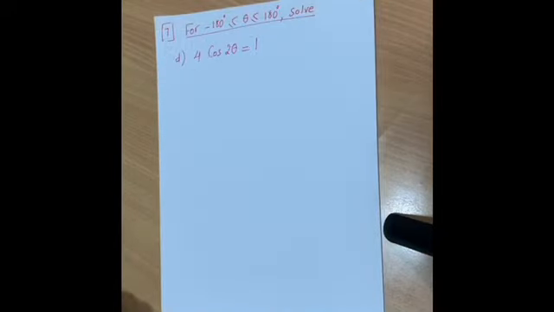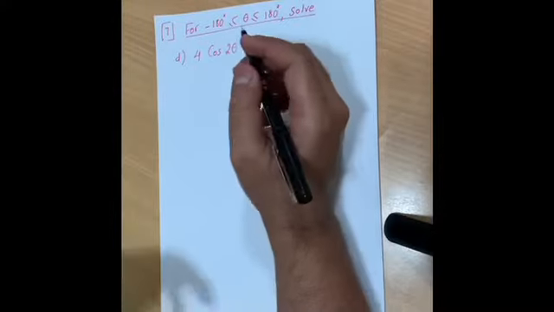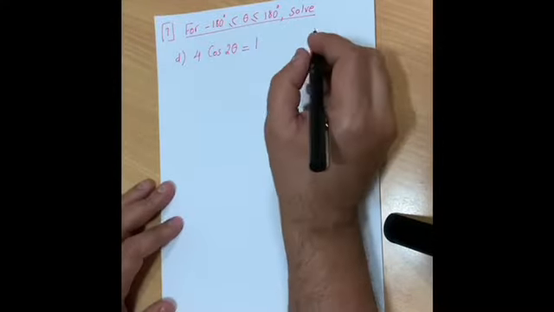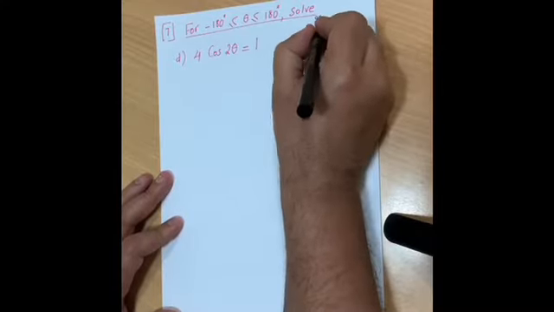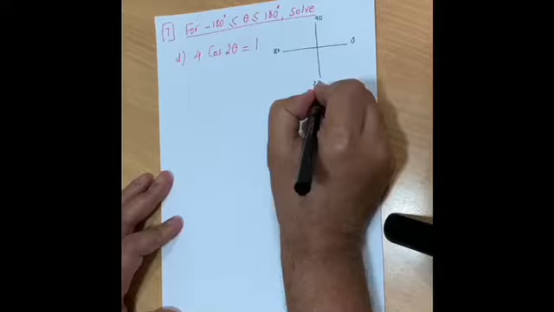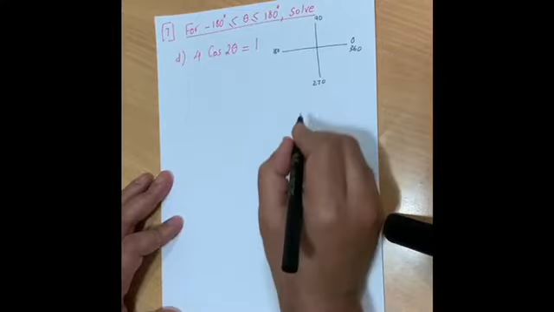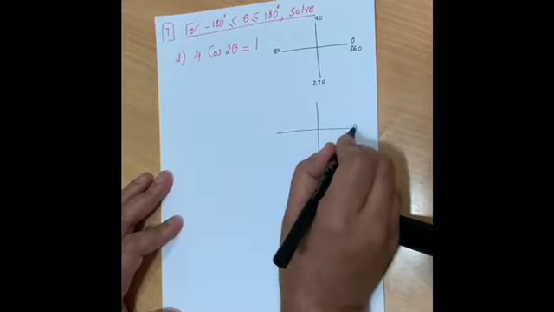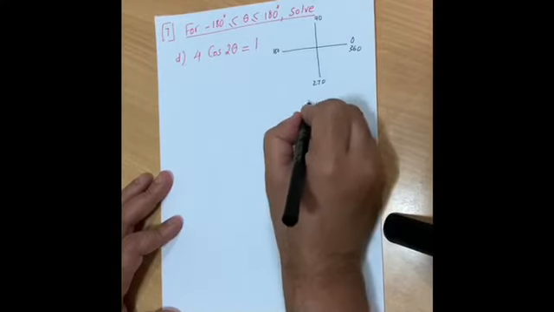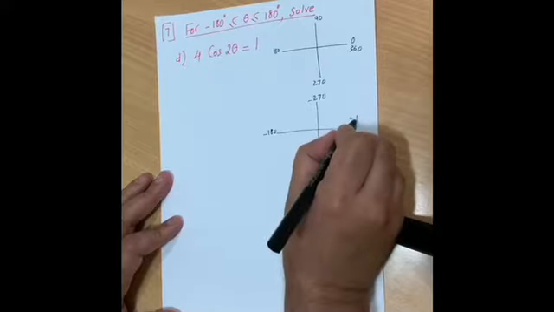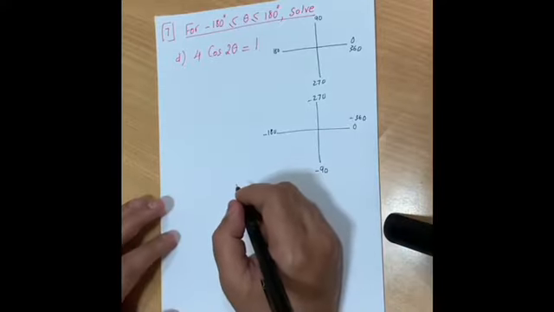Question number 7. The range which is given to you is from negative 180 to positive 180, which means we have two quadrants from the positive and two quadrants from the negative. The positive range is 0, 90, 180, 270, 360, and the negative range is 0, negative 90, negative 180, negative 270, and negative 360.